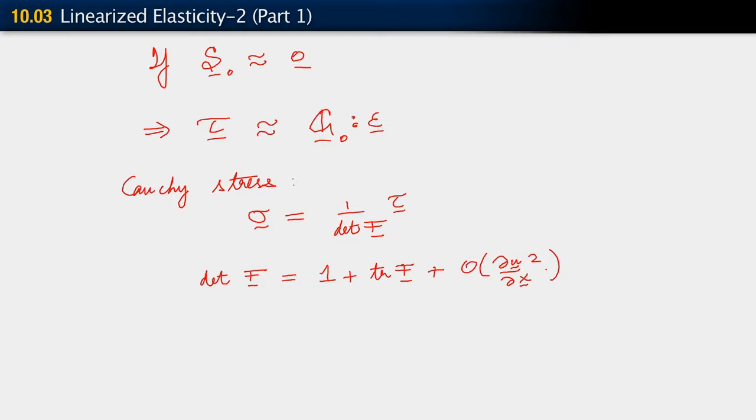We know that in general the determinant of F actually turns out to be cubic in the displacement gradient, right? So this is the form that it has.